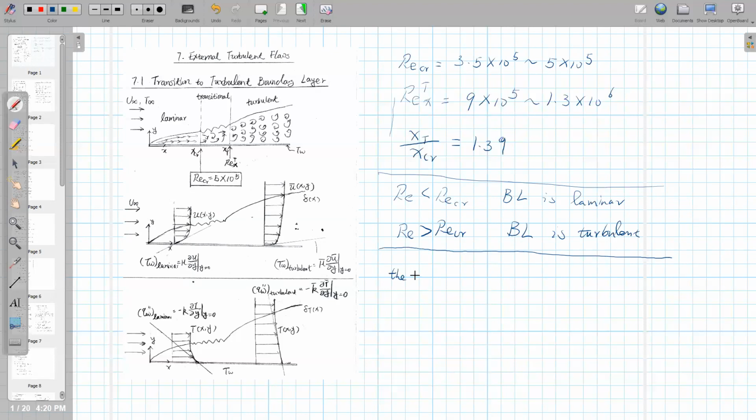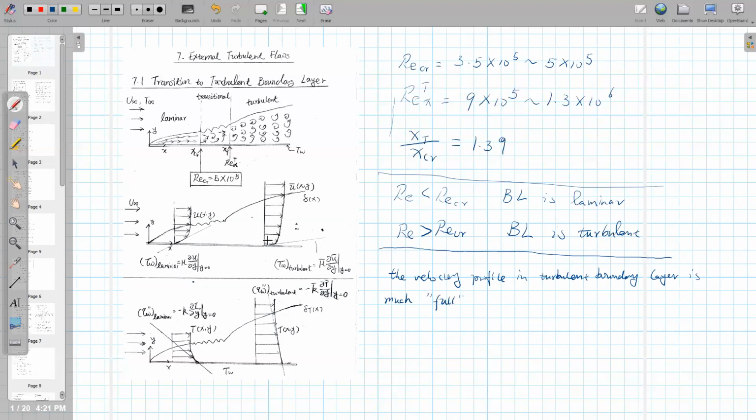The velocity profile in the turbulent boundary layer is much fuller.